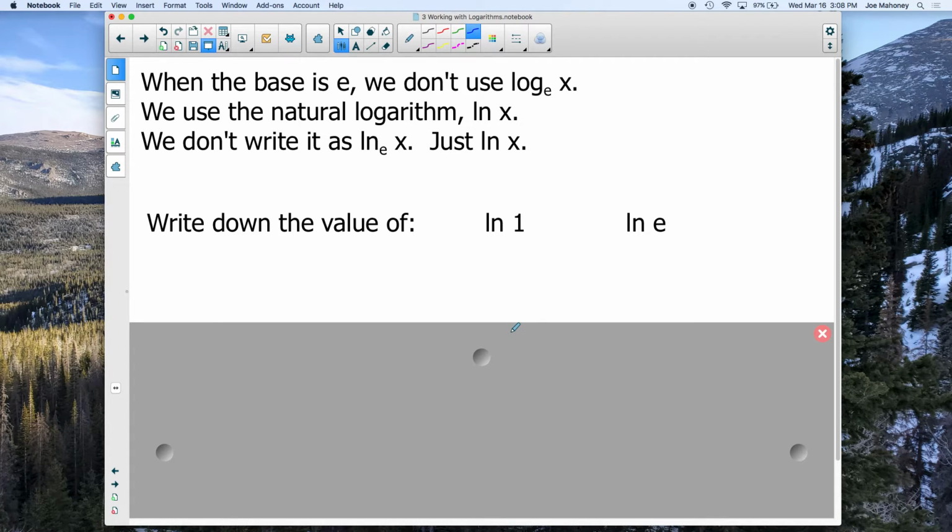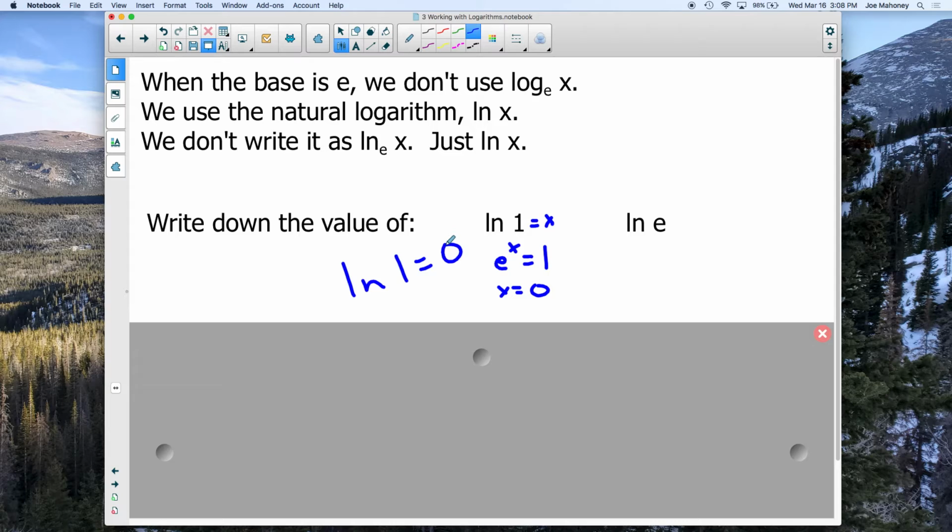So the log of 1, let's pretend that equals some number, x. And our base is e, so e to the x is equal to 1, which means that x has to be 0. So that means the natural log of 1 is 0. And remember where that graph crosses the x-axis?